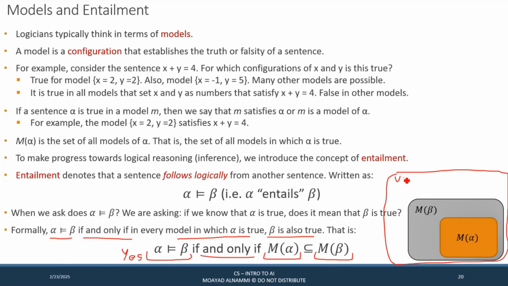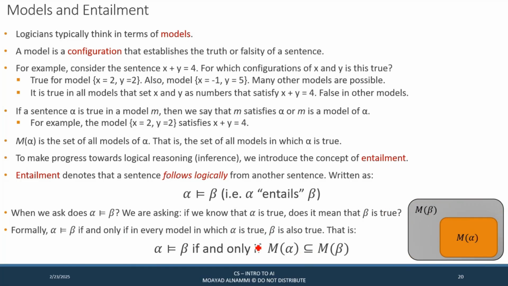This is the space of all variables involved in your environment. Beta is one sentence and it contains some variables involved in your environment. Alpha is another sentence and it contains some variables involved in your environment. For your sentence alpha, M of alpha is the set of all possible configurations of your variables that make alpha true. M of beta is the set of all possible configurations of your variables that make beta true.